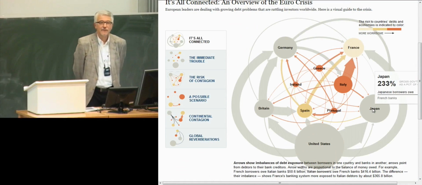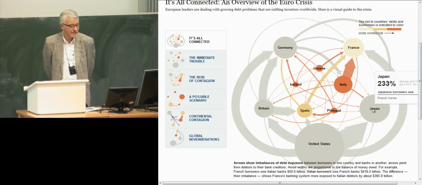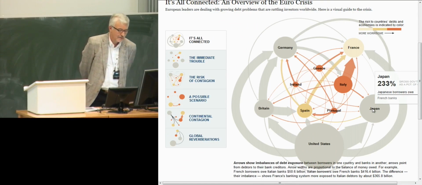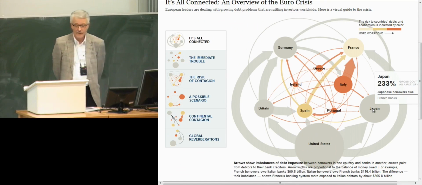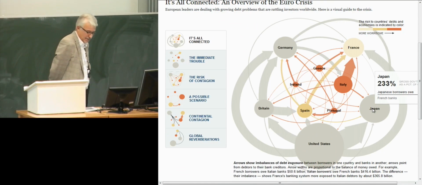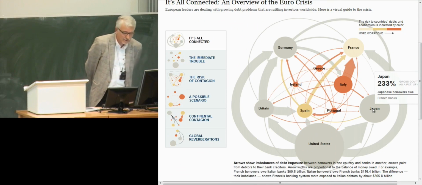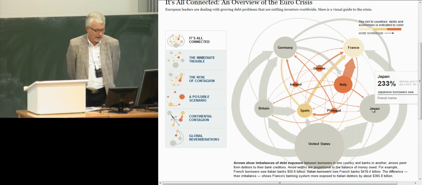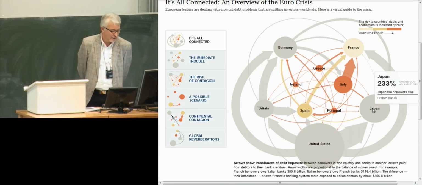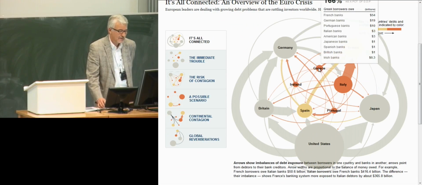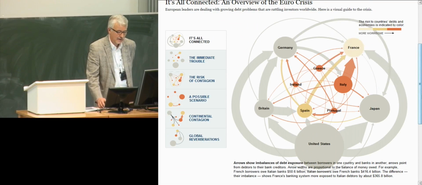Interesting is Japan. Japan is a country with the highest debt ratio, 233%. And we will pose a question later, why is Japan not threatened by such a high indebtedness, whereas Greece, with 166%, is really in danger.